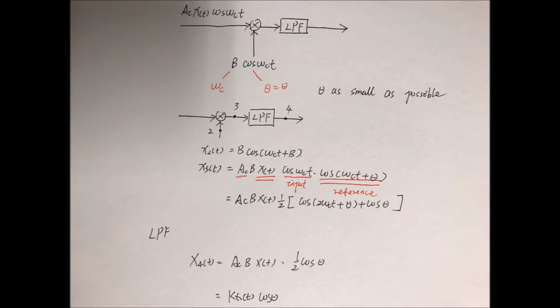If I do not have perfect phase, if my phase does not lock well with my input, something will happen here: A, C, B, x(t). Now cosine times cosine.